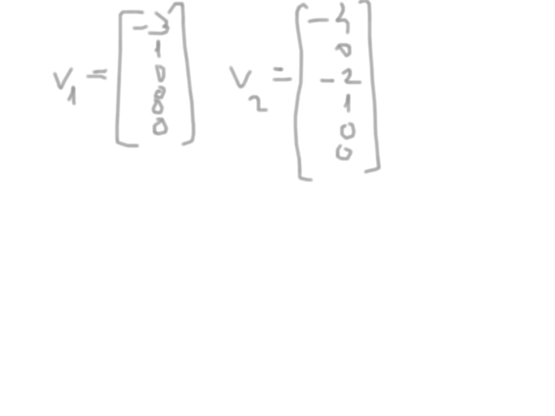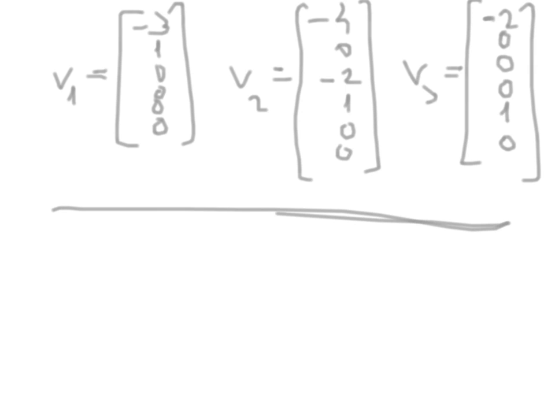And finally, the last one, v3, is equal to (minus 2, 0, 0, 0, 1, 0). And this is the result. This is a very important example. So if something is not clear, please ask me. It could be because I just did not have enough space to do everything. So let me know if something needs further explanation.